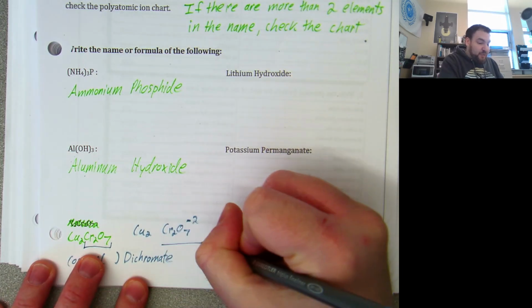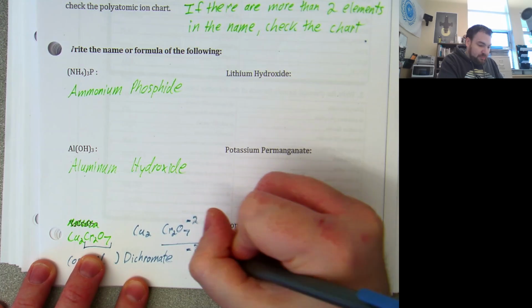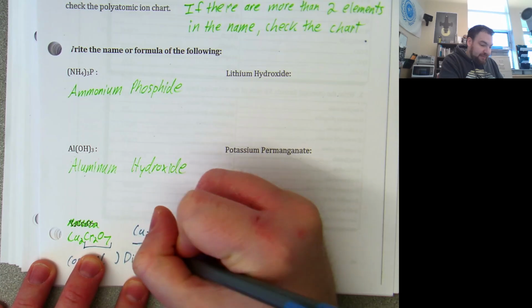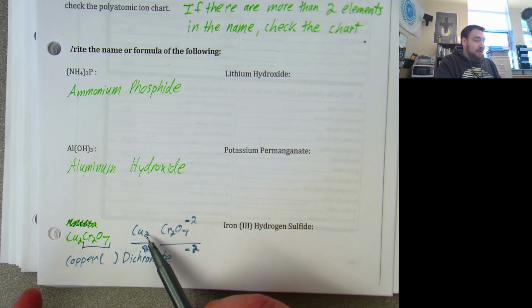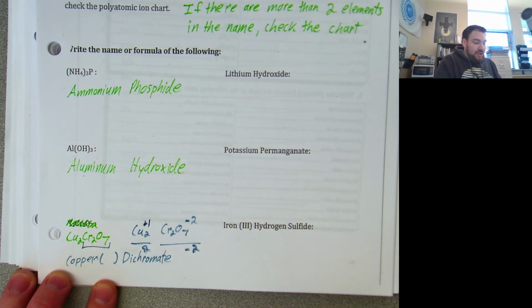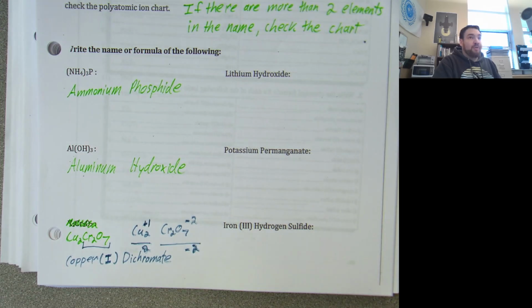There's 1 Cr2O7, so he's got a charge of -2. The copper has to bring +2, but there's 2 of them. So then the charge on copper needs to be +1. So then the Roman numeral I have to throw in here is the Roman numeral for 1. Comments, questions, concerns about what I've done here?